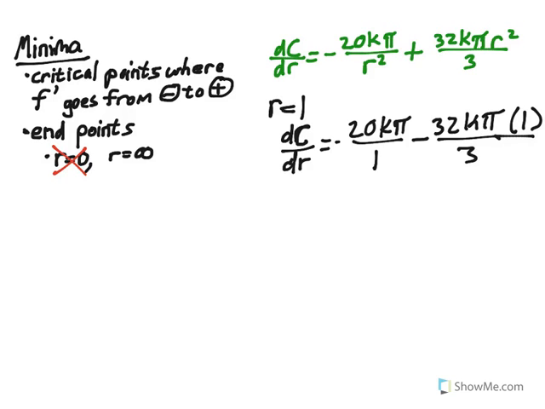And remember that k is a positive constant, so we're going to factor this out. And so this is going to be k times pi times the quantity negative 20 minus 32 over 3. And while you don't have to exactly work that out, since these two parts are, that's positive, and this whole thing is going to be negative.